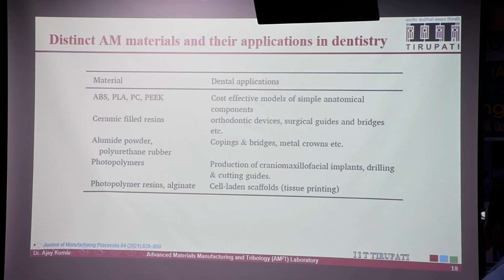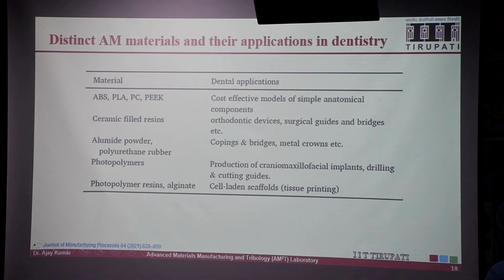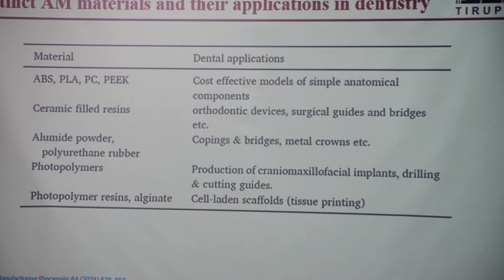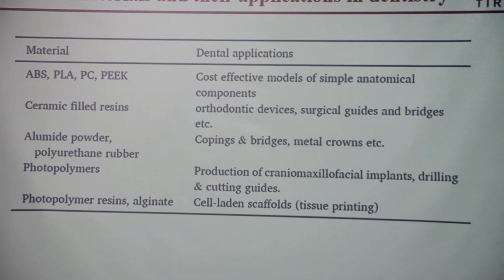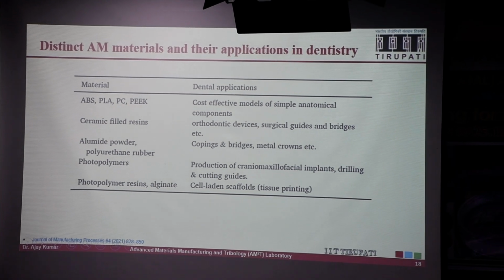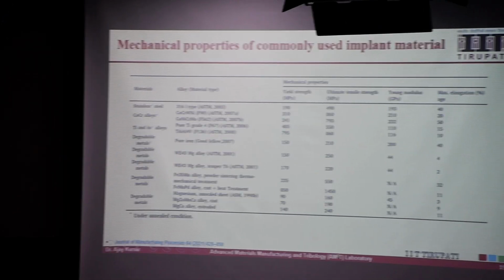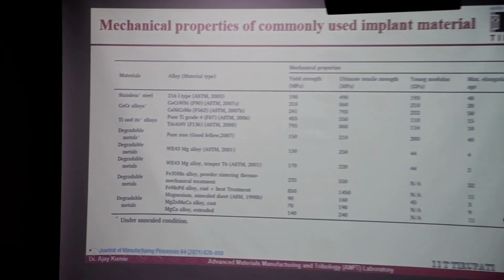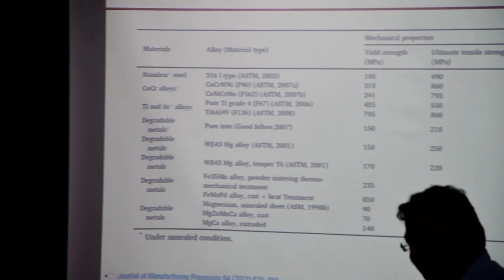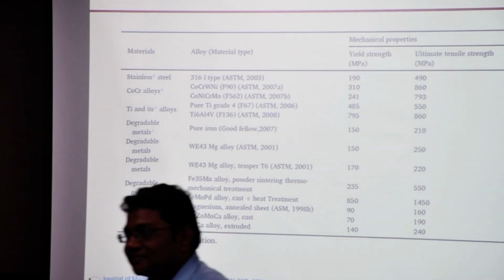So these are the materials for dentistry. You can see here ABS, PLA, ceramic filled resin, and alumina also they use, and then they have dental applications. Next. Now mechanical properties. Mechanical properties are also important, right?